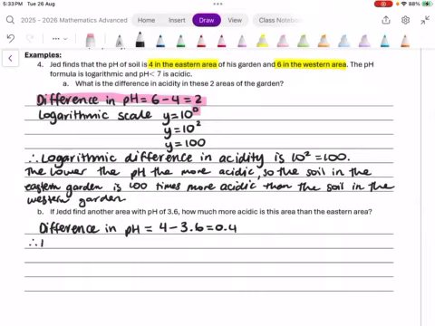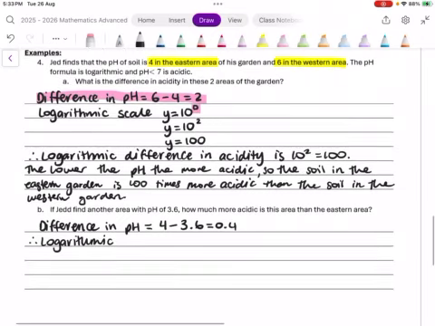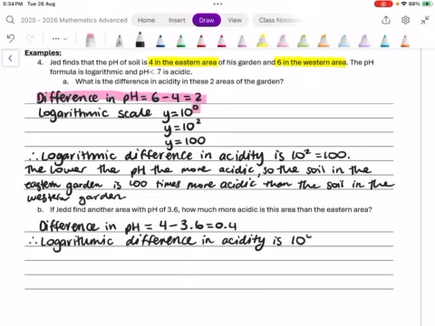So therefore our logarithmic difference in acidity is 10 to the power of 0.4. It's 10 to the power of our difference, which is equal to 2.51188, which equals 2.5 to 1 dp.